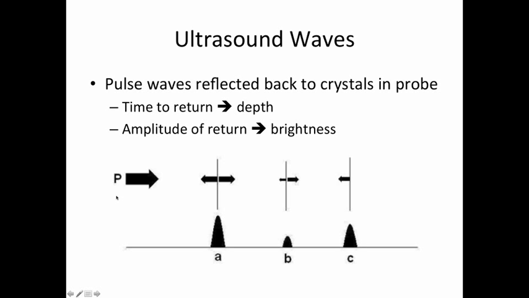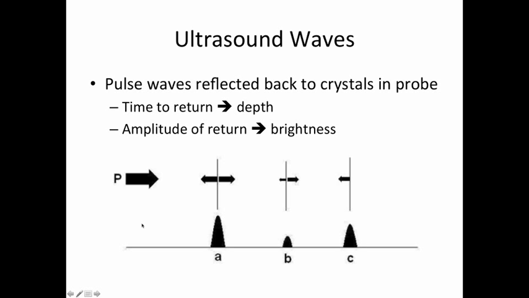And so if you consider this P here to be your ultrasound probe, and consider the width of this arrow to be the ultrasound waves that are flowing from the probe to the patient. Consider A, B, and C to be 3 different structures that are in the path. So if you were to consider this to be, for example, the chest wall, rib, and pleura.